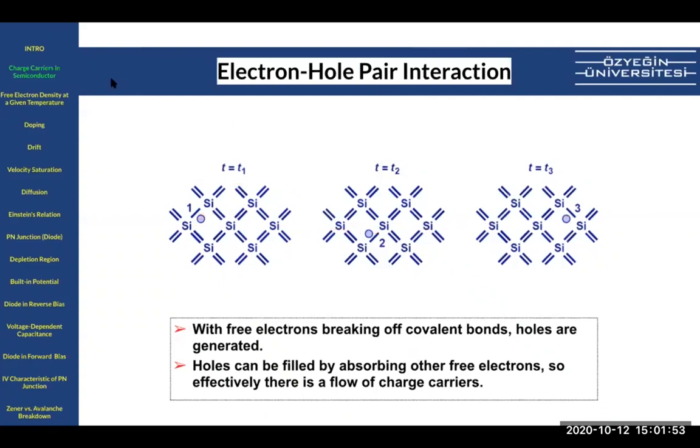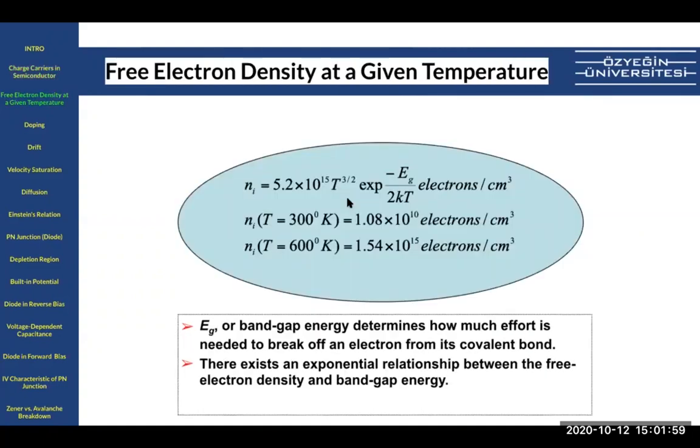Let's see. The next slide shows that the number of electrons and holes available in a structure is defined for certain temperatures, and it changes according to the semiconductor. If we look at silicon, it's defined by this formula, and the temperature comes into effect here, and also there's an exponential of minus band gap energy divided by 2kT.